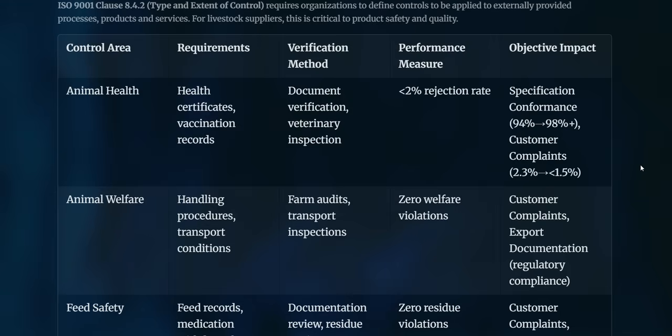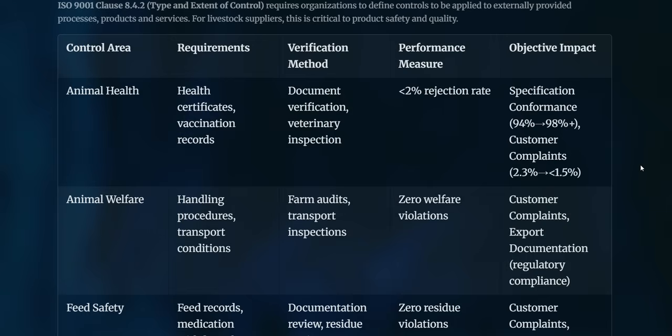The second control area is animal welfare. The requirement here is handling procedure and transport conditions. How do we verify this? Our method includes farm audit and transport inspection. How do we measure this performance?